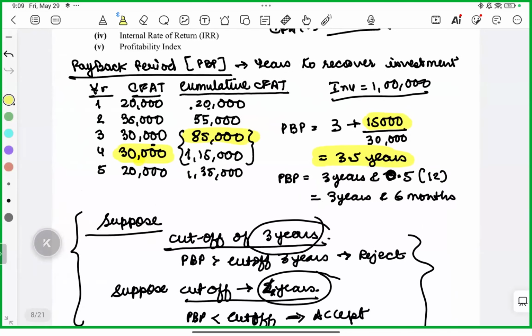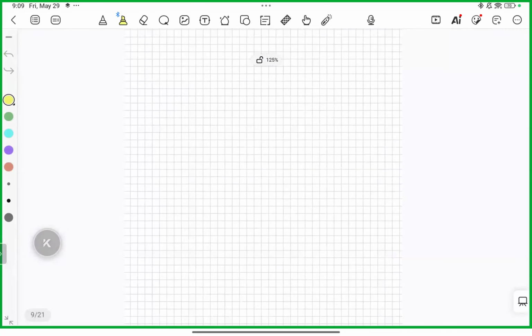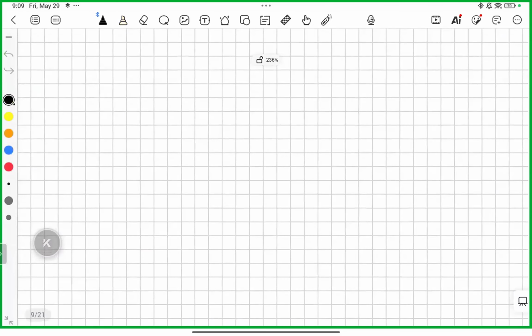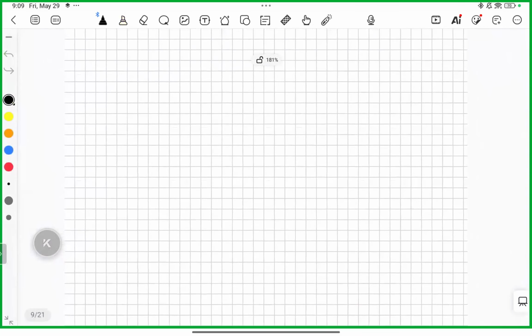So we will use something called discounted techniques, and let us start with discounted payback period. Payback period without time value of money we have already seen. Now let us see discounted payback period, where we will use time value of money. So first, let us copy the cash flows from the question.